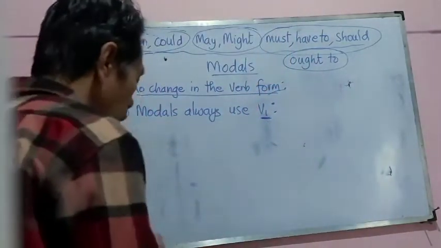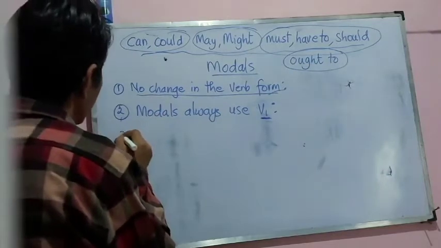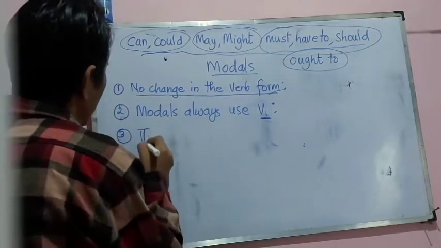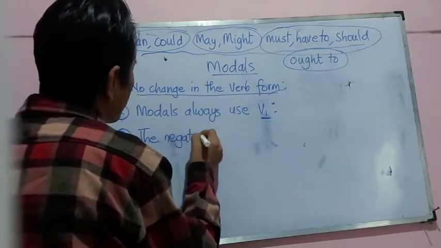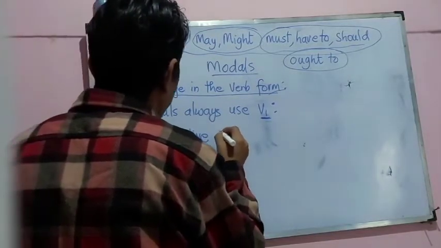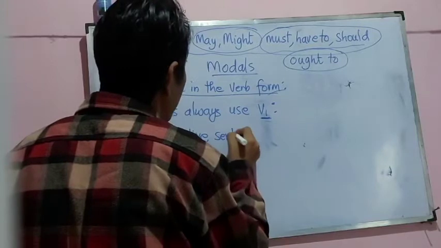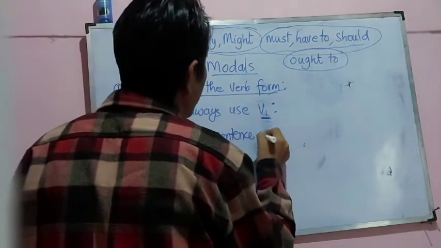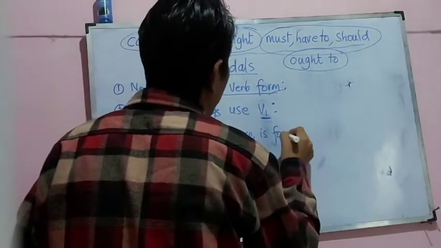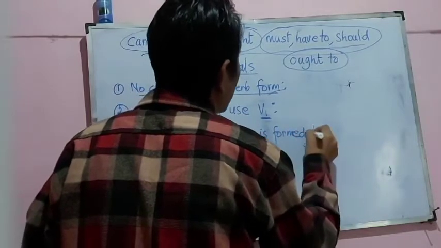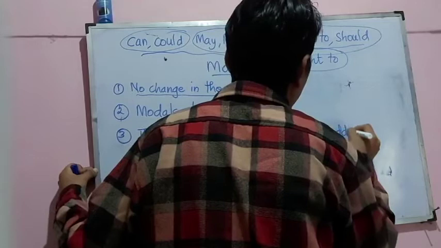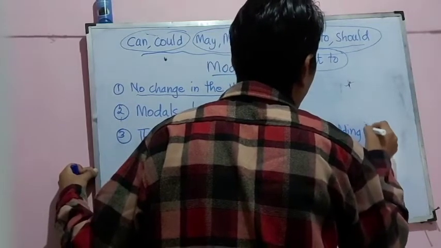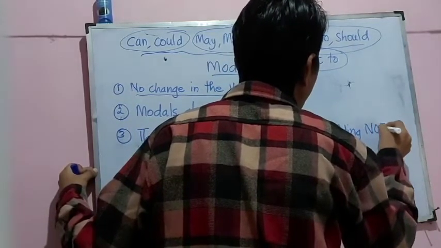And the third one, the negative sentence is formed by adding not.